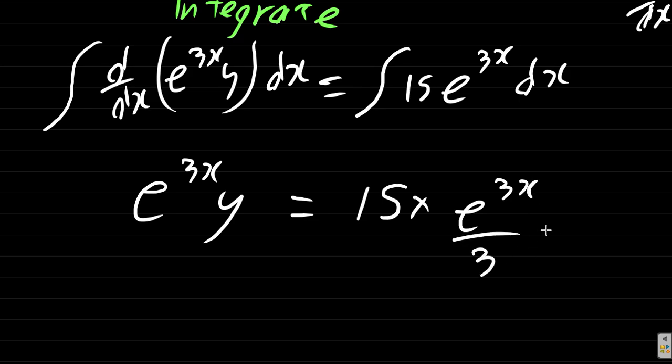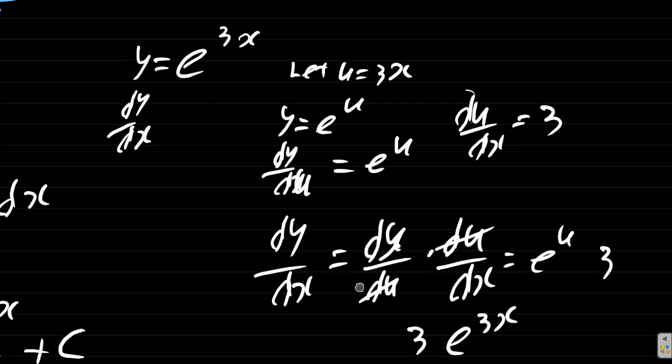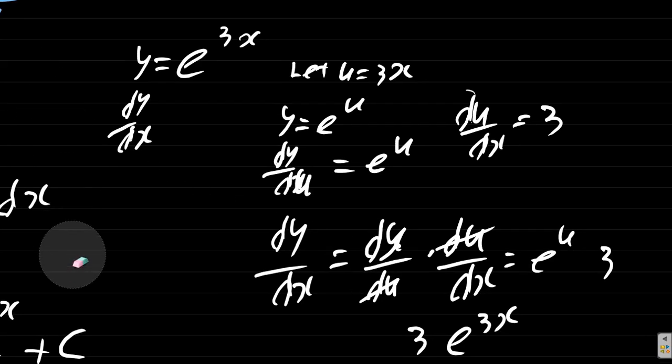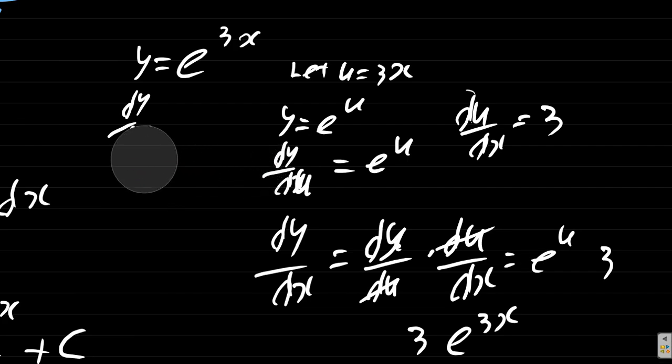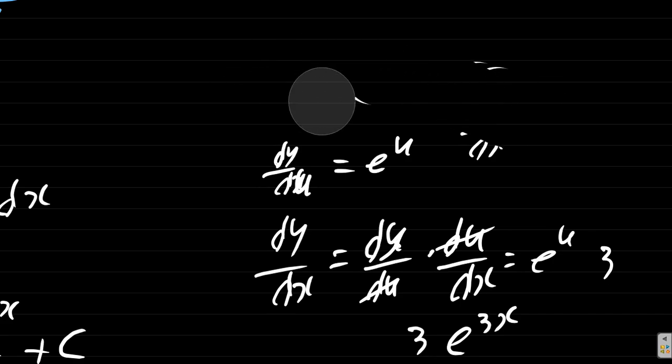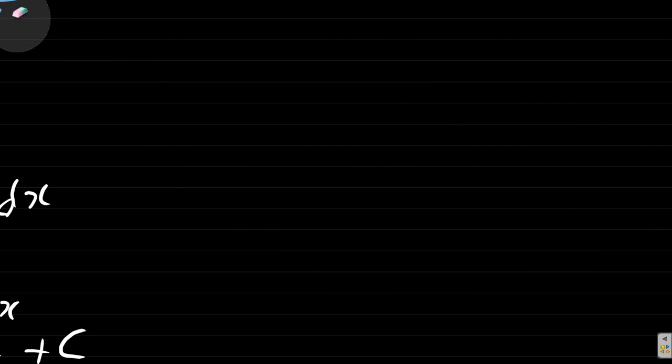And then plus c, you add your constant of integration. Now that integral a while ago, what happened? So earlier we saw differentiate e to the 3x, you get 3 times e to the 3x. And when you integrate e to the 3x, you have 3 under e to the 3x.